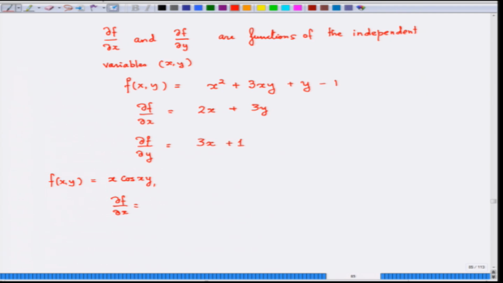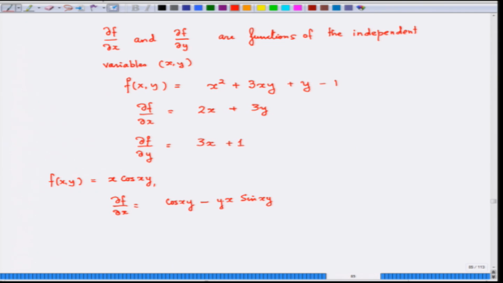So, basically it will become x, the derivative of x, into cos xy, minus x into the derivative of cos xy, which is sin xy, and then you have to take the derivative by the chain rule, this is a function of, say, 2x.